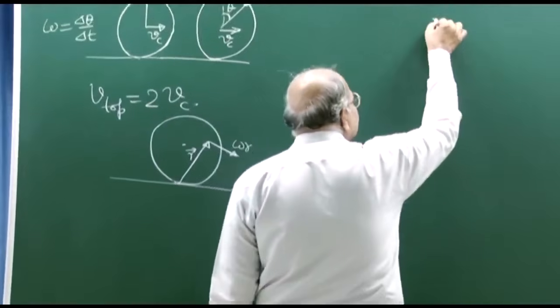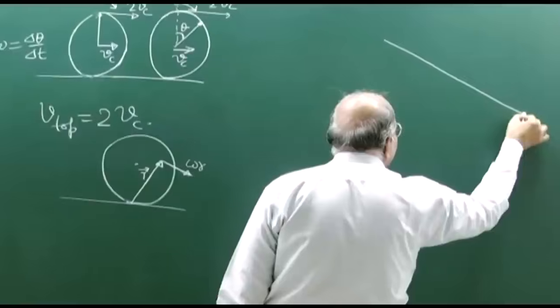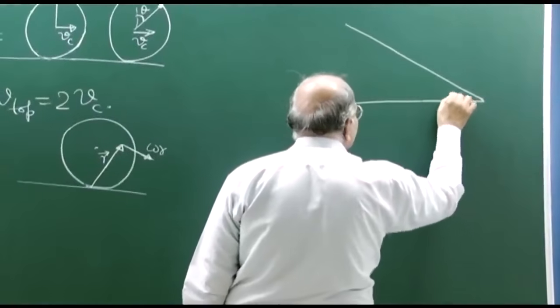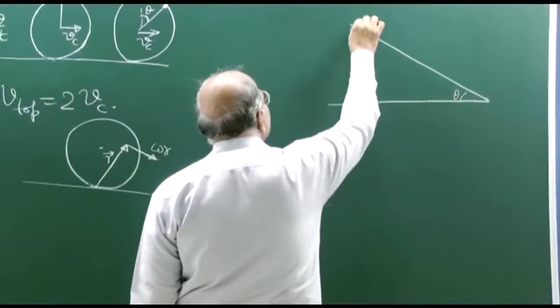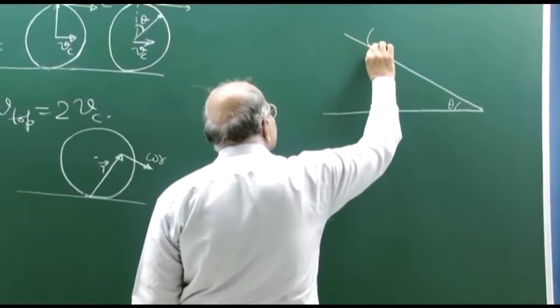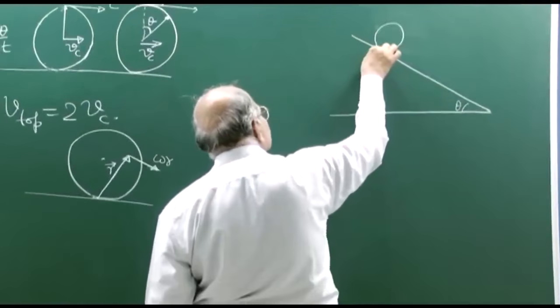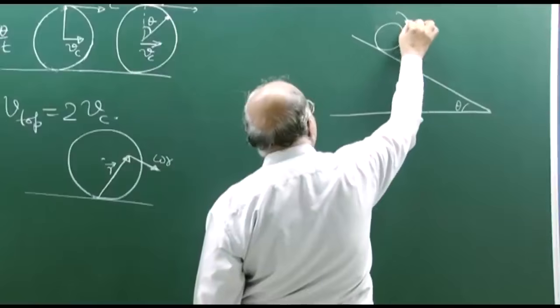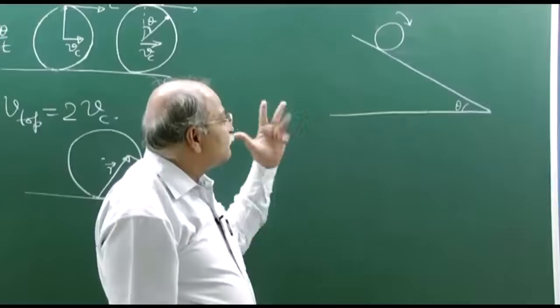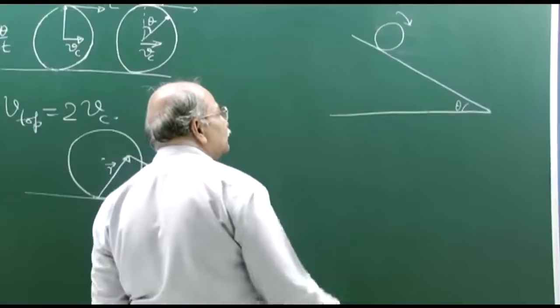So, suppose you have this inclined plane and this angle with the horizontal is theta, and the ball you release from some point, and this ball rolls on this inclined plane. So, let us see what the forces on this ball are.